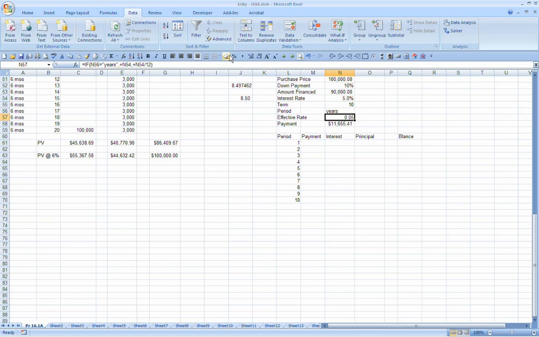Format it properly. Okay? So if I change this to months, notice I get a completely different effective interest rate. And then in my formula where I refer to my interest rate, instead of having to divide by 1 or divide by 12, I can just point at that effective interest rate.